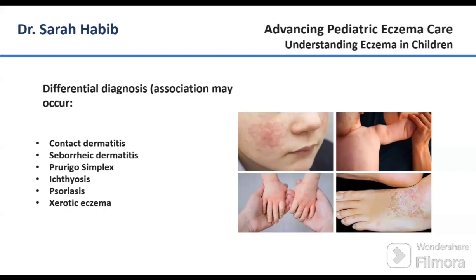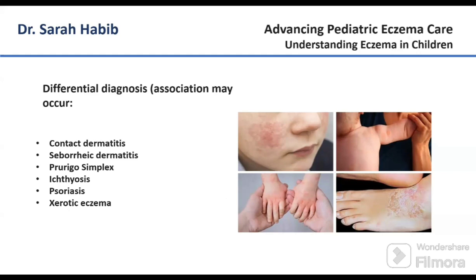In ichthyosis, the flexures are spared. In a typical case of atopic dermatitis, you watch for the flexures. In atopic dermatitis, they are lichenified, thickened flexures, but in ichthyosis, which is a genetic disease, the flexures are spared. So one has to look very carefully to differentiate between the two.